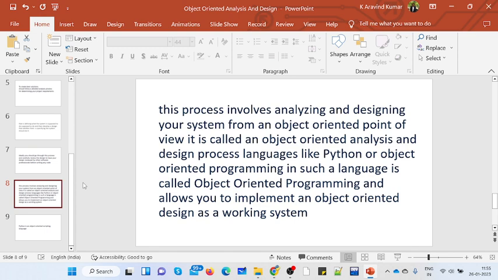For silly problems like finding the average of 10 numbers, you don't need this. Whenever you take up major projects, you go through object-oriented analysis and design, which follows the object-oriented programming principles. That's why it is called object-oriented analysis and design. This is a brief introduction to it.